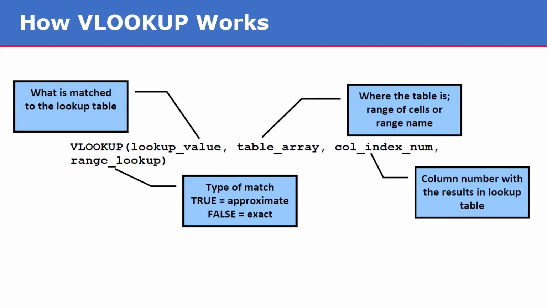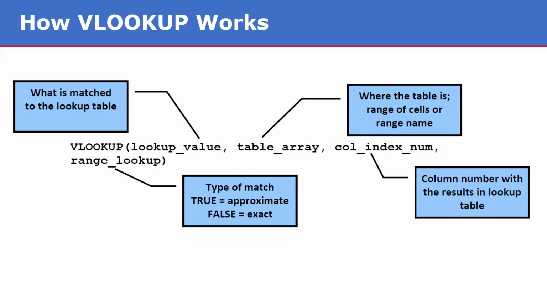So as it's moving down and let's say it finds a match, how many columns does it have to go over to find the corresponding data that you want to bring into your worksheet? We are not counting column A, B, C, D, etc. We're counting from the column where it has the potential match: 1, 2, 3, 4, etc. That's what you put in.